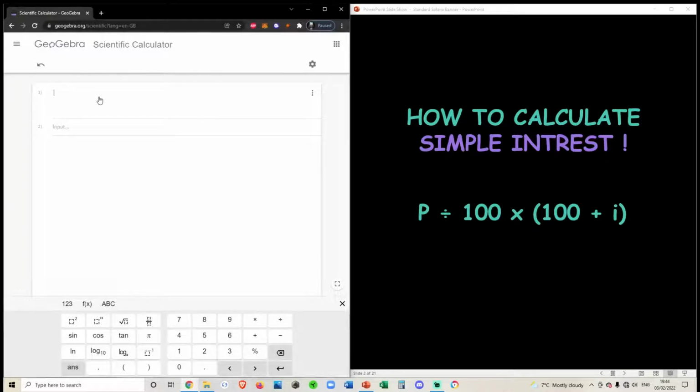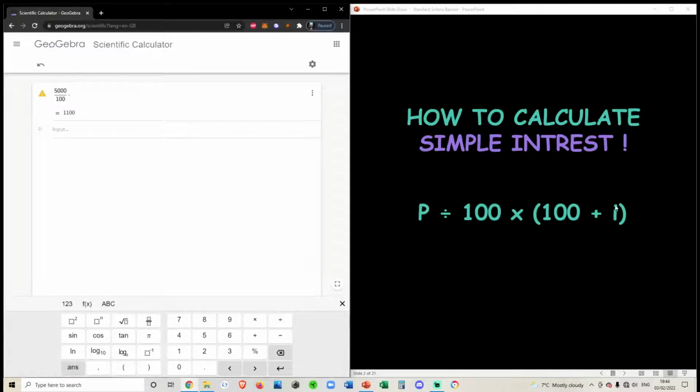Alright, let's say we found a government bond that pays us 10% interest, and because it pays 10%, we want to invest a little bit more. So this time we're going to invest $5,000 into this bond that pays us 10% yearly. We would simply type in our initial investment, divide it by 100 to find out what 1% is, and then times it by 100 plus the interest.